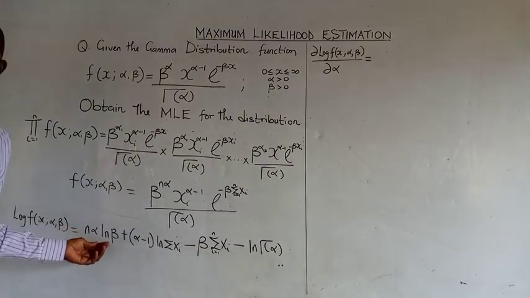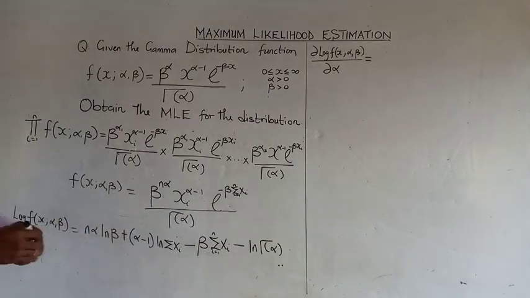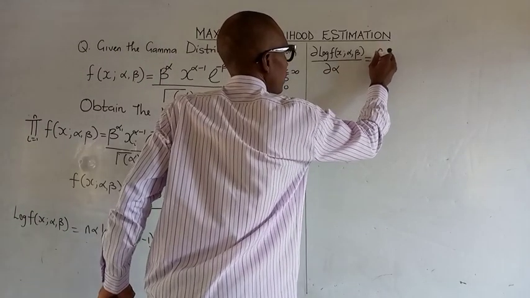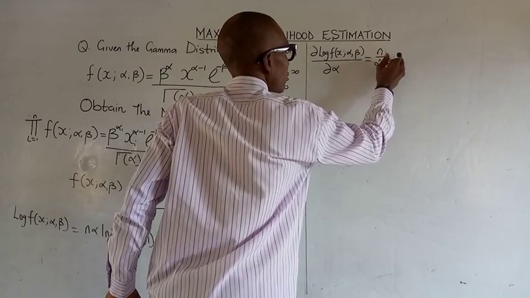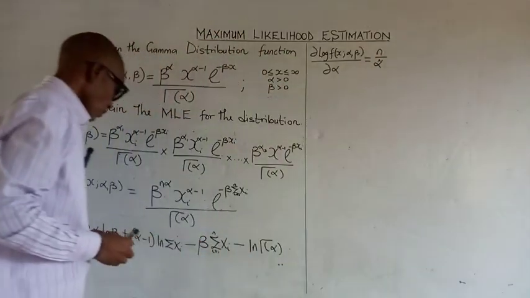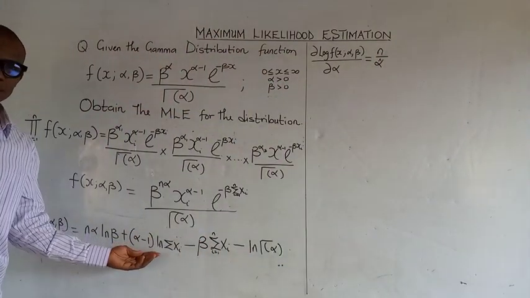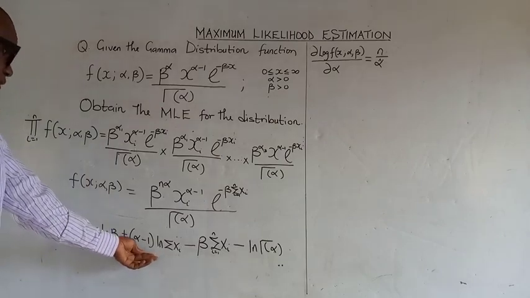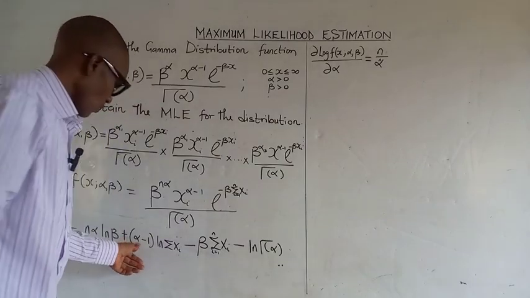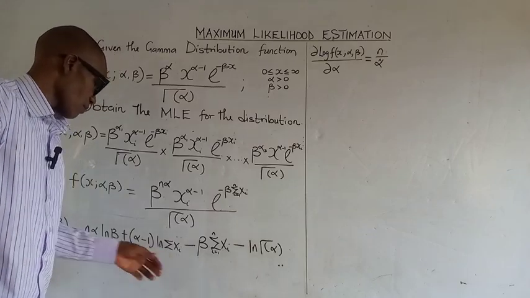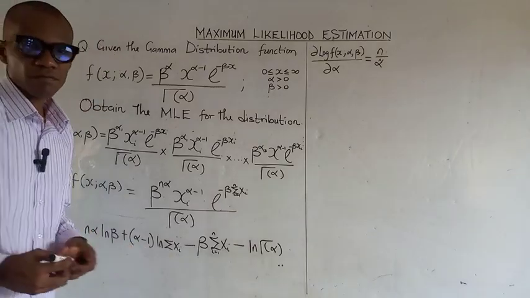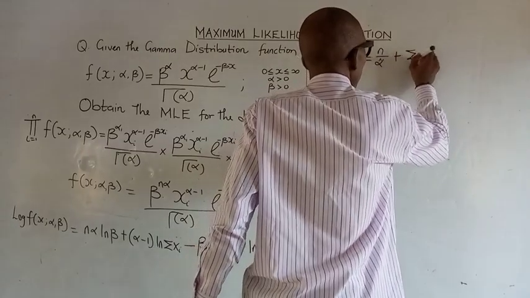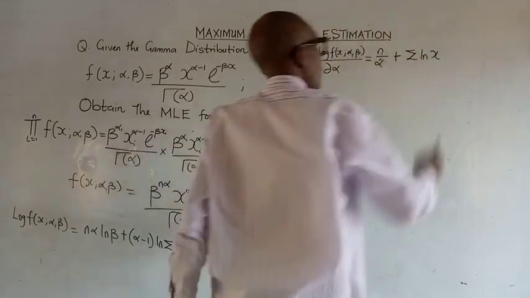If we differentiate this, we get n all over alpha, which is our estimate. If we now differentiate this, here it turns to 1 minus 1, 0, minus. So we have plus summation of log x.